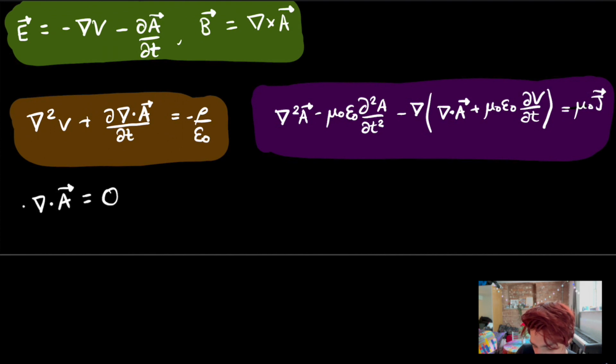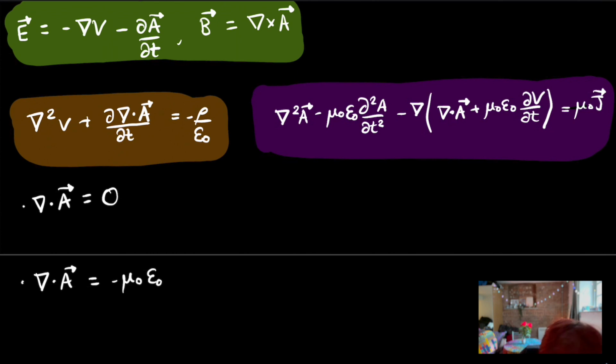Whereas before we said that the divergence of A is equal to 0, which was able to help us solve various problems, the Lorentz gauge is essentially similar. However, rather than the divergence of A being equal to 0, we are going to make the choice of the divergence of A being equal to minus mu naught times epsilon naught times dV by dt right here.